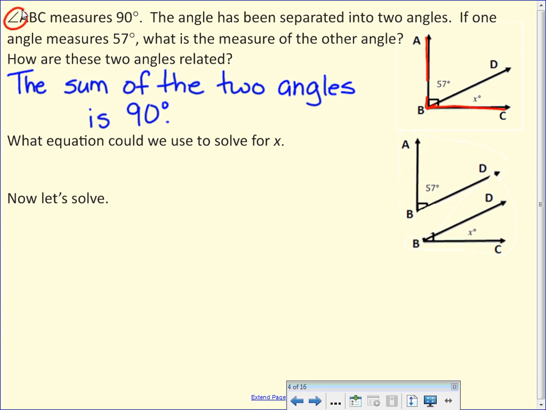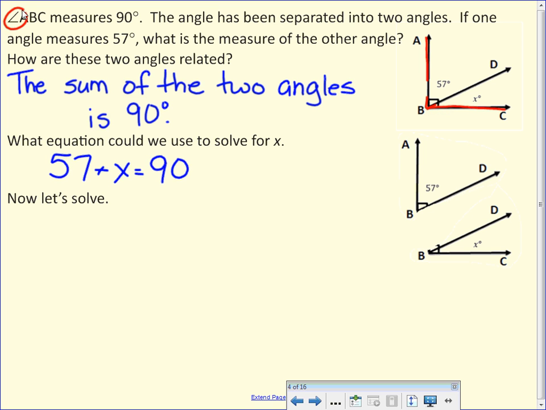Add. So what am I going to add together? If this and this together equals 90 degrees, what am I adding? What's my equation? Equals 90 degrees.